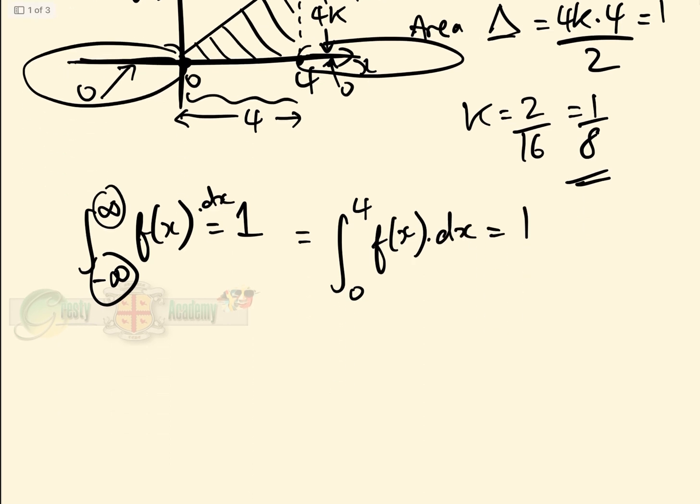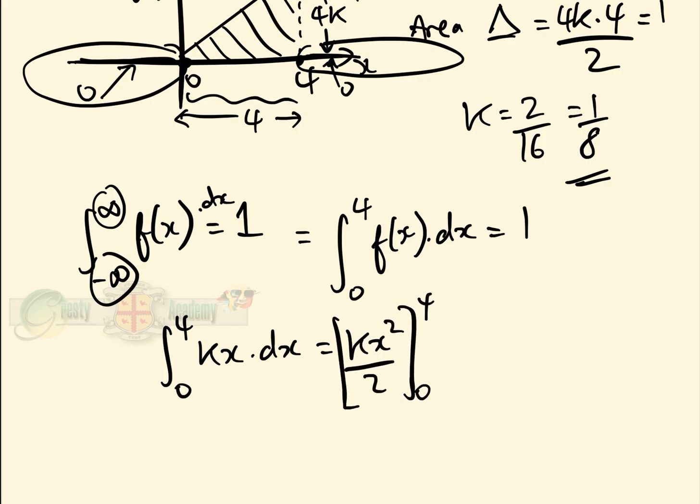Well, f of x is kx, so we have the integral between 0 and 4 of kx dx, which equals kx squared over 2 between 0 and 4, which equals 16k over 2 minus 0 over 2, which equals 8k, and we know that equals 1.